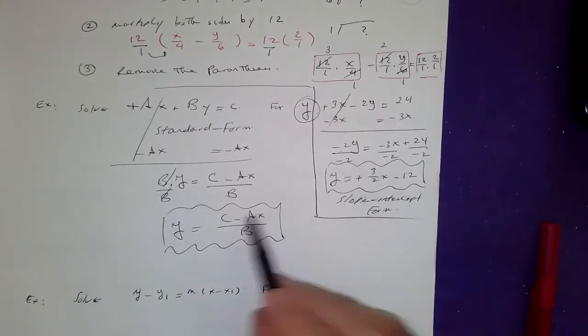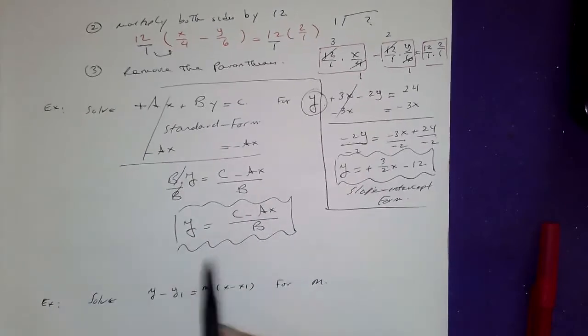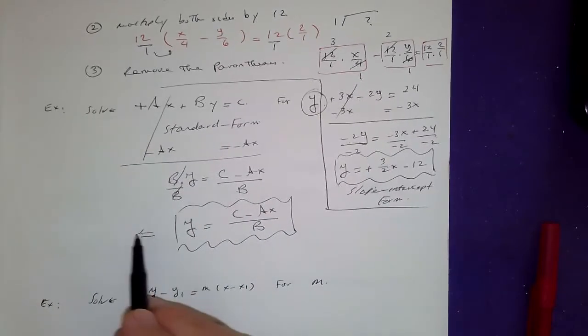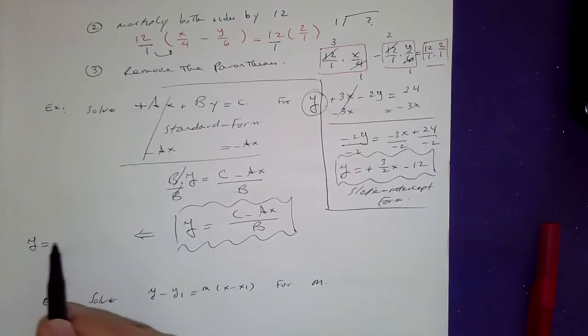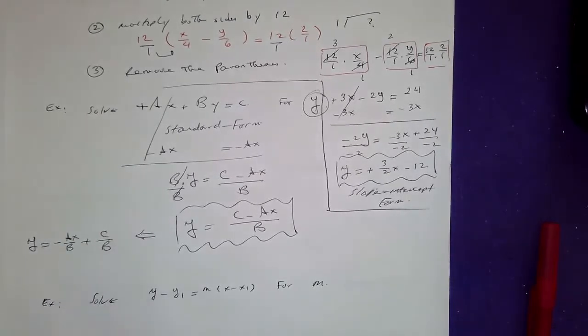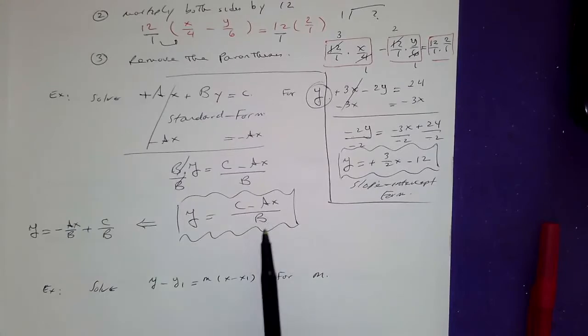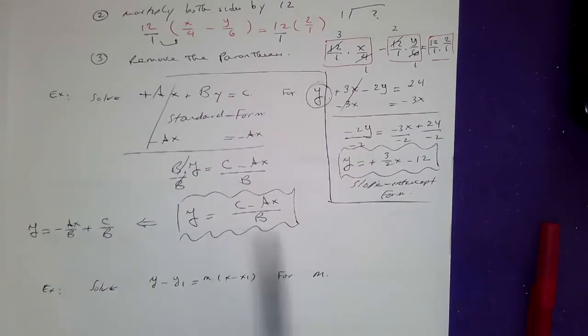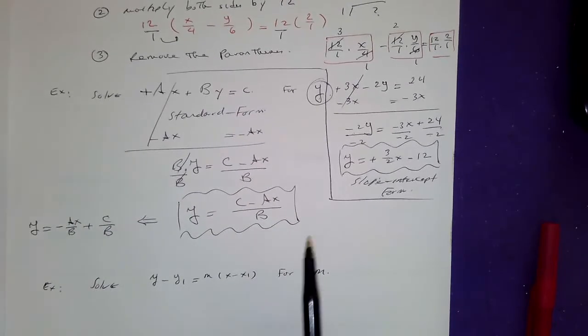However, to put this in the slope-intercept form, you split the fractions. So you write it as negative a over b times x plus c over b. Split the fraction into two separate fractions with the common denominator.